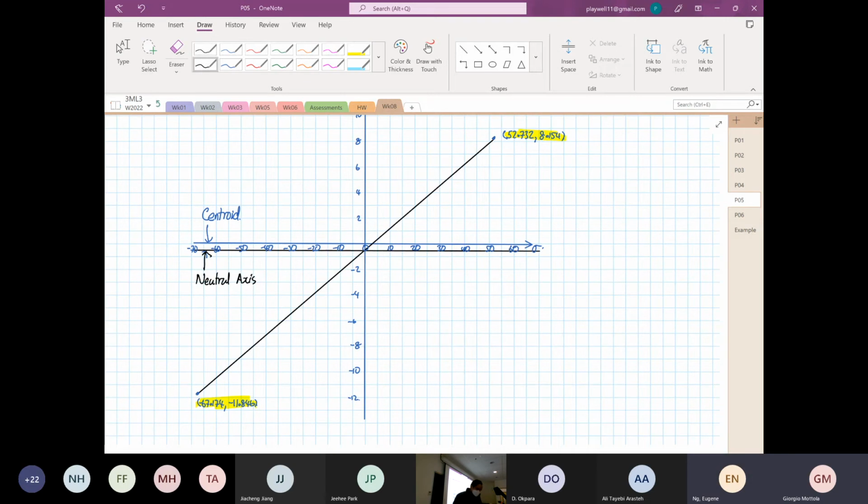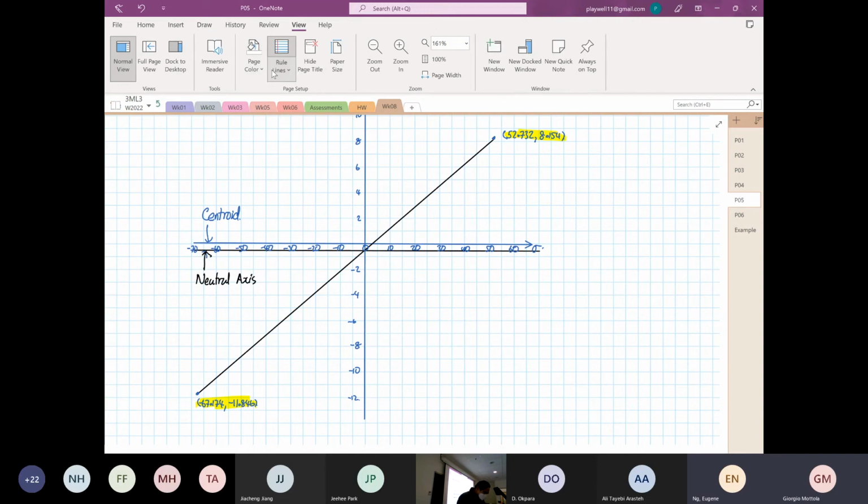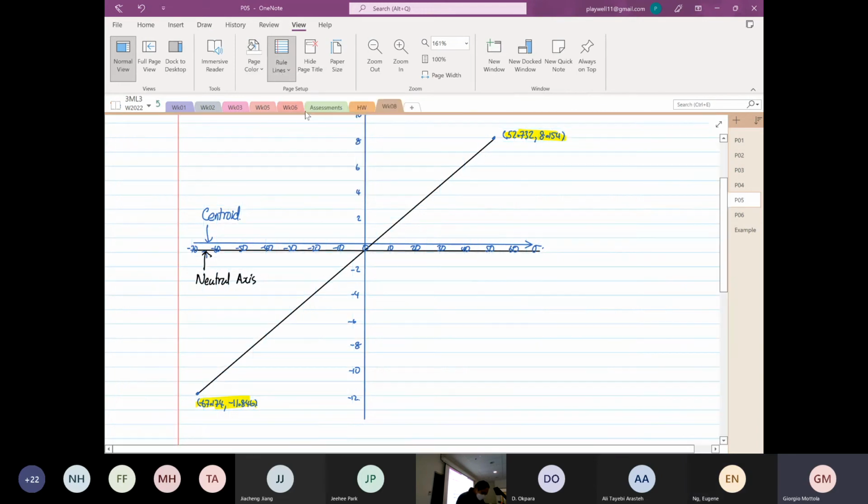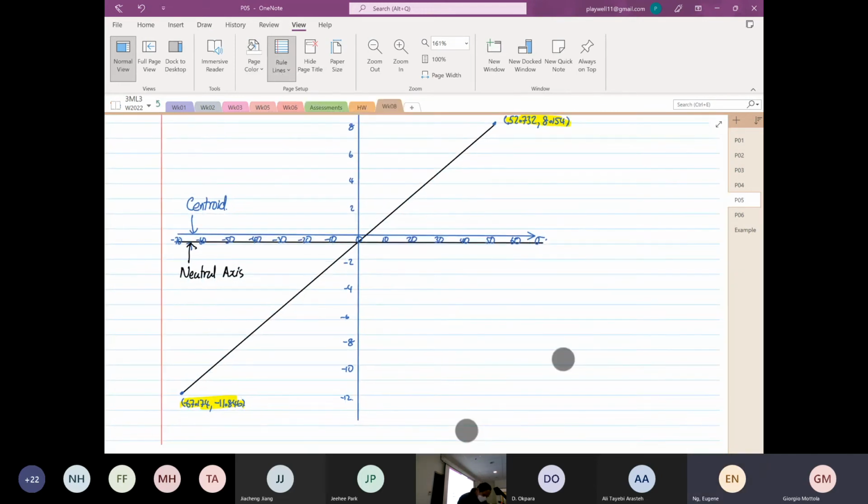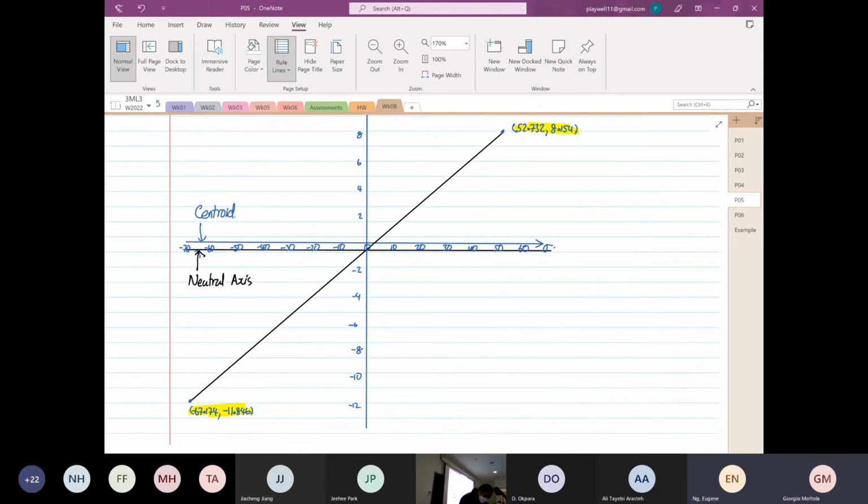Okay. So as I said, I'm going to use simple math. I don't want you all to memorize the formula. Okay. So let's deal with simple math. So we know we are going to find the gradient. So we know that this is y equals mx plus c.